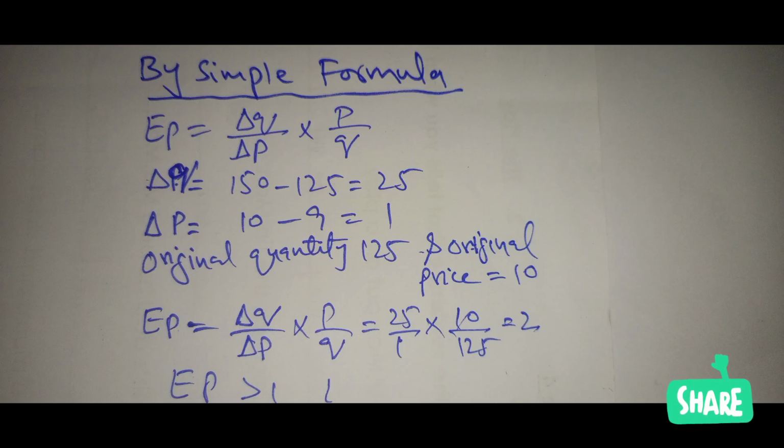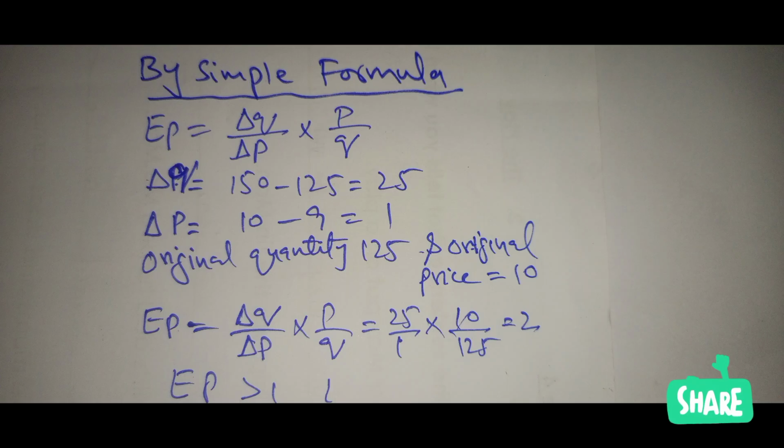Now we solve this example with the simple formula EP. Here we substitute D with P. D is simple elasticity of demand and EP means price elasticity of demand, which is equal to percentage change in quantity demanded by percentage change in price multiplied by original price divided by original quantity.